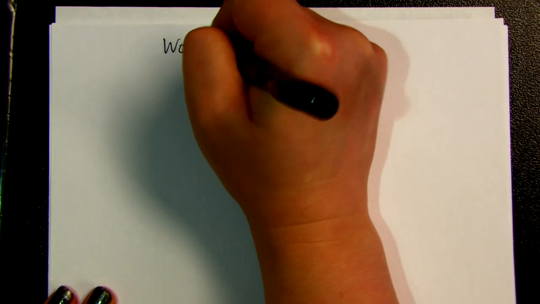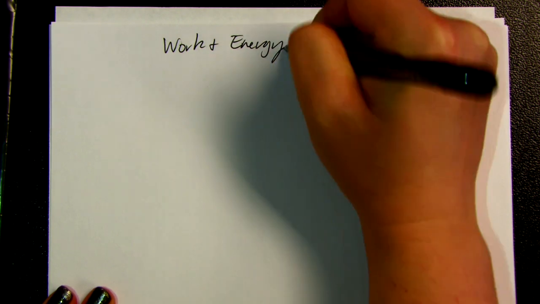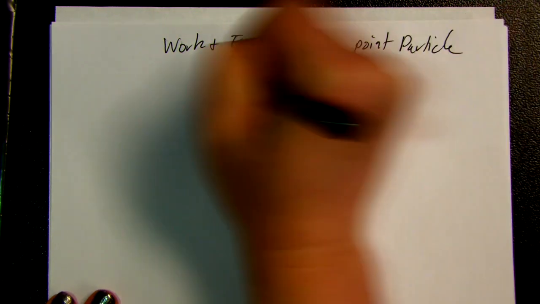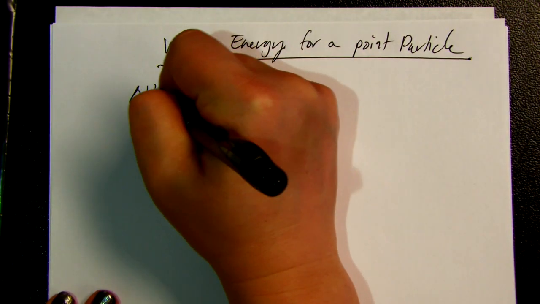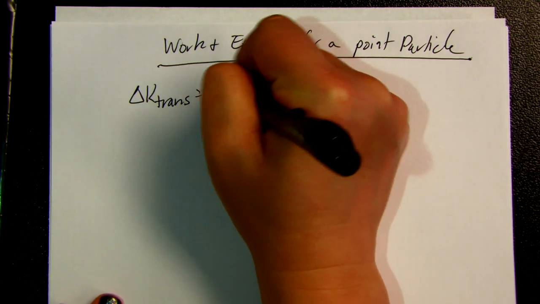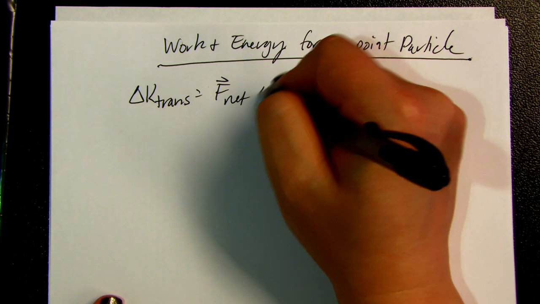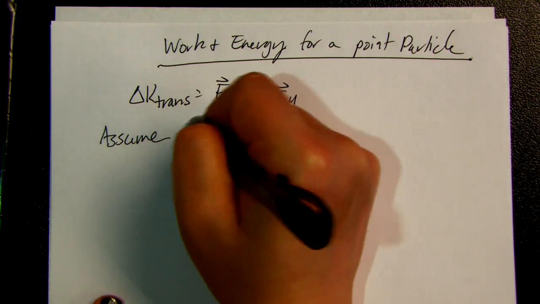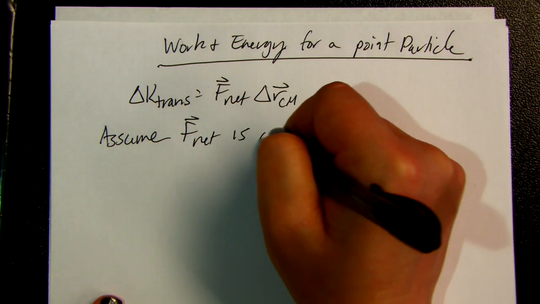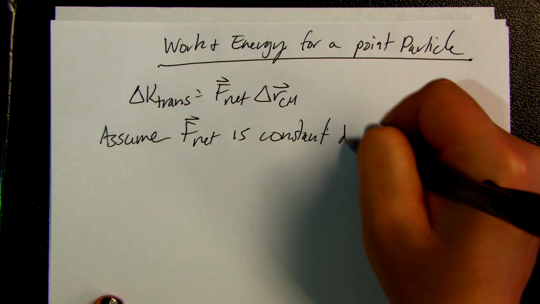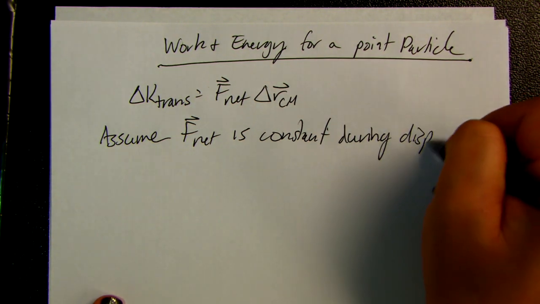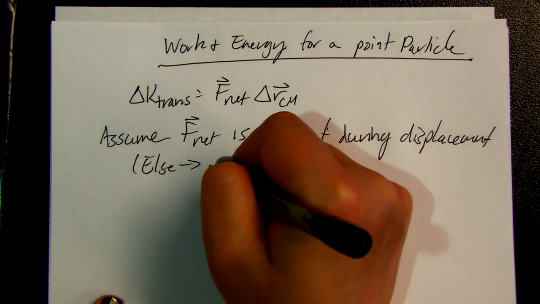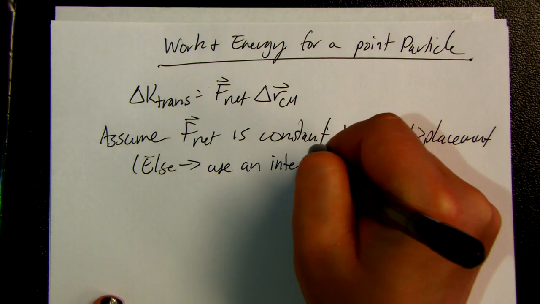So, work and energy for a point particle. The change of translational kinetic energy is equal to F net times the distance over which it's applied. For this, you assume F net is constant during the displacement. Else, use an integral or an easy summation.